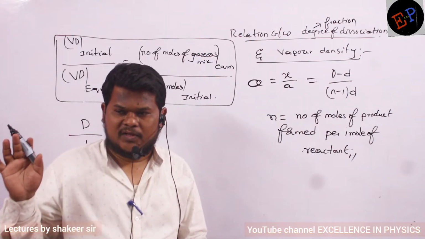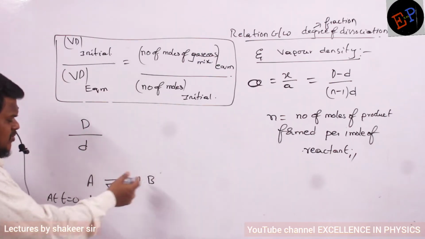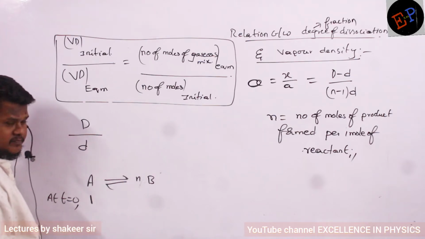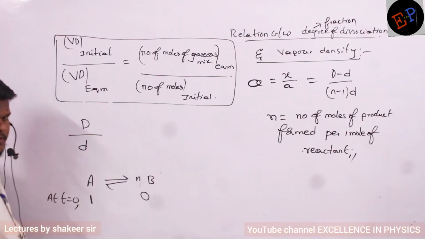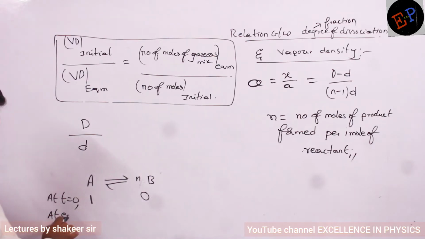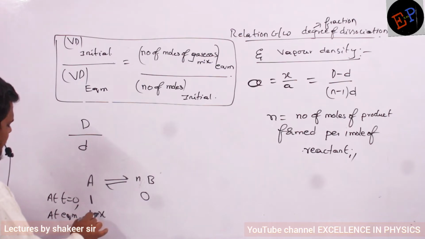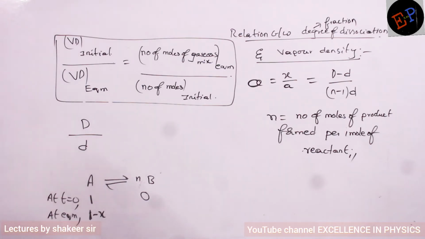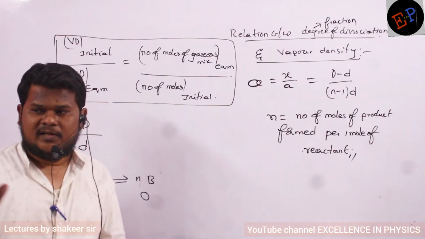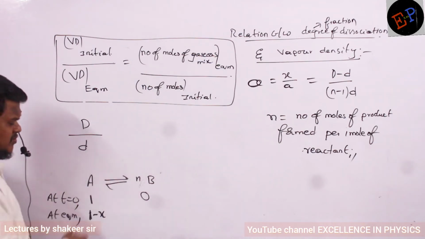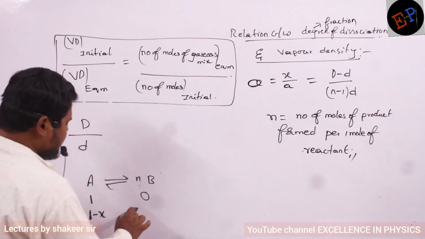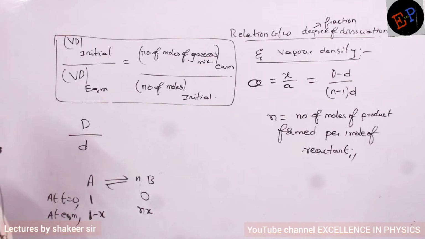How many moles of product will be there? 0, because the reaction still has not started. Now at equilibrium, I have to write 1 minus x. x amount of moles of reactant has disintegrated. Then how many moles of product will form? n into x. nx moles of product will form.